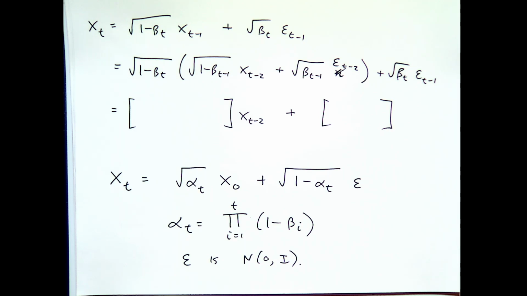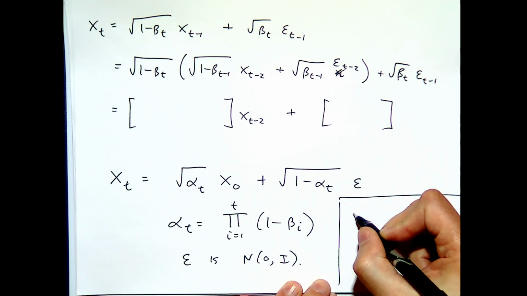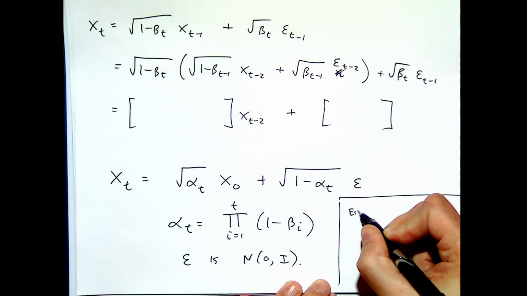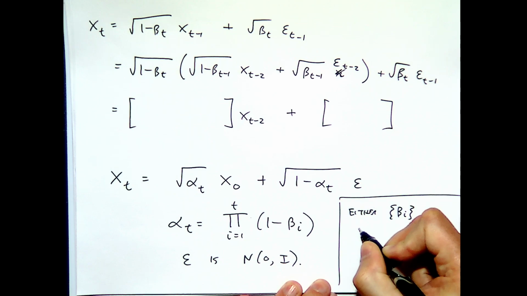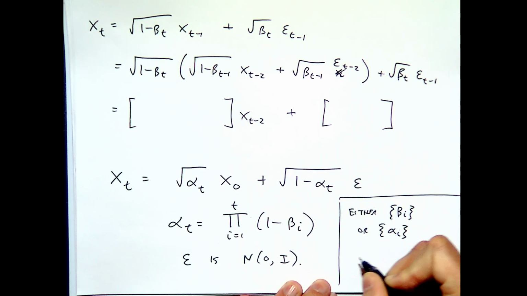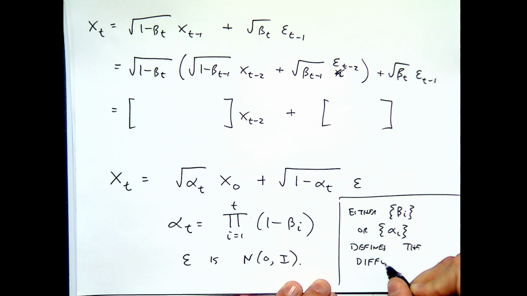And so the decision about how I choose the set of betas, or equivalently the set of alphas, defines what's called the diffusion schedule, which is just a fancy way of saying how I choose to add noise over time, okay?